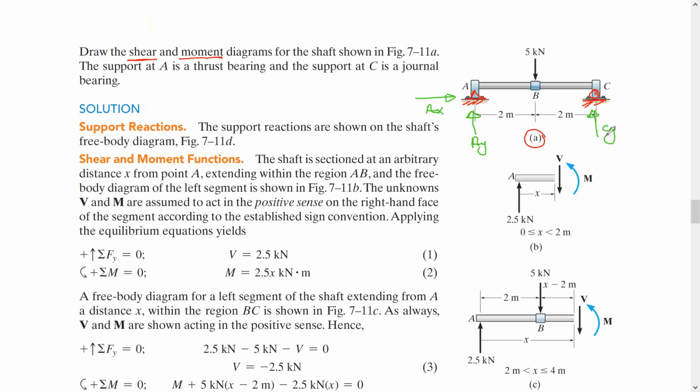So if we take the moment at point C or A, let's take it at point C. The moment at point C equals 0, assuming it positive counterclockwise. We need to find the reactions, and I think you are mature enough to get them.